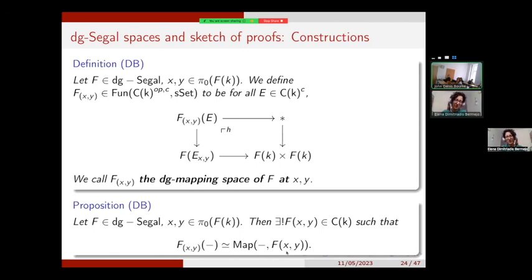Now, of course, by Yoneda, if F is Sing of T, F of XY is just T of XY. So we find back the normal DG category. Because this is representable, I will be using DG mapping space interchangeably, either for the functor or for the cochain complex.